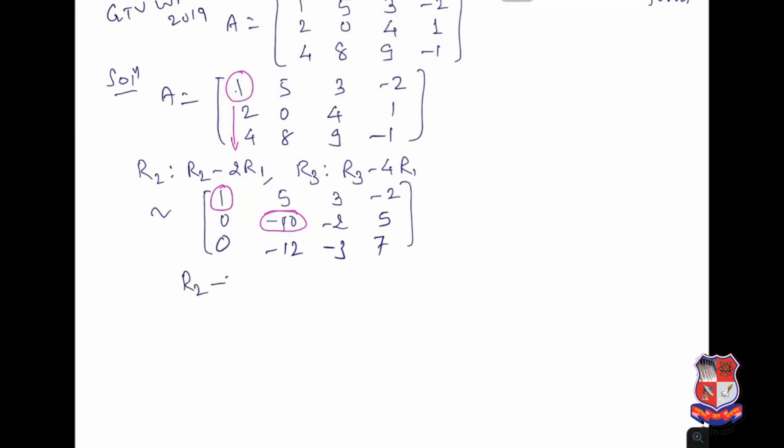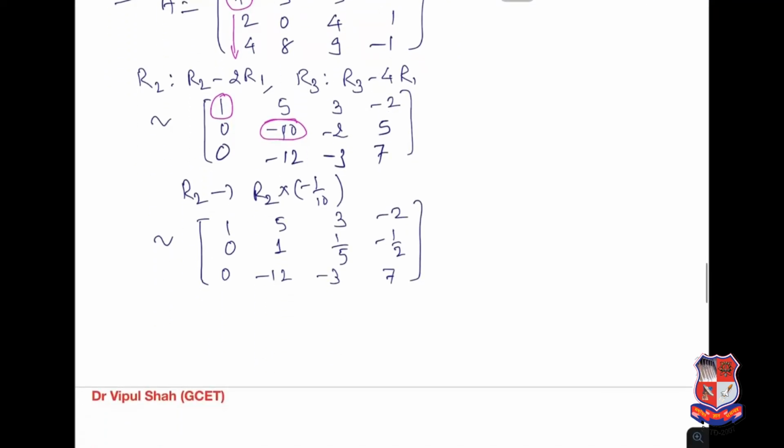So R2 into minus 1 upon 10. So this will be 0, 1, then 1 by 5, and minus 1 by 2. The third row is 0, minus 12, minus 3, and 7.